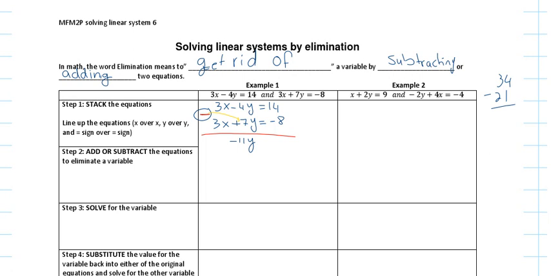Now, 14 minus negative 8 equals plus 22, right? Because 14 minus a negative makes it a positive, right? So it's 14 plus 8, which is 22.